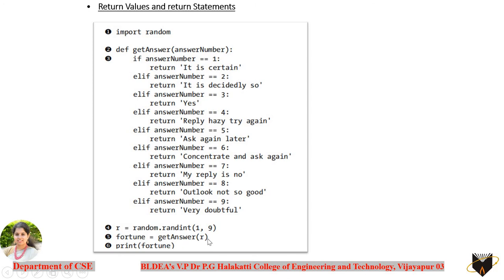This calls the function by passing some number, and whatever value is returned by this function will be stored in the variable known as fortune. At the last you are going to print this value. This example has been shown just to demonstrate how you can use return within user defined functions. This is the way you can use the return statement here.